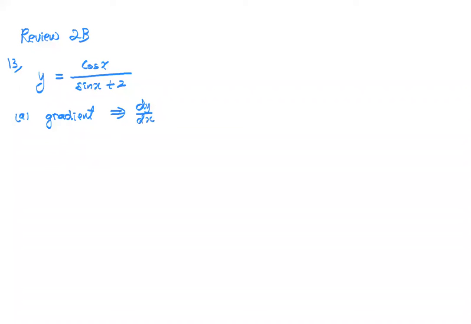Okay, illustrated tangent. Illustrated, that means the tangent that is drawn on the graph. And if you look at the graph, it means at x equal to 0. Got it?